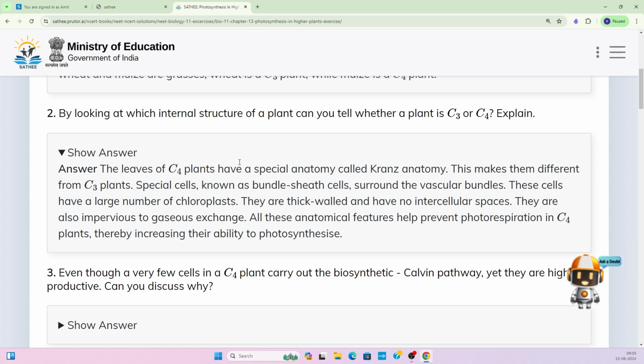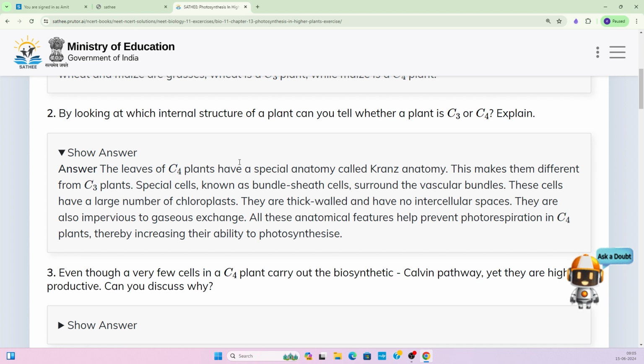The leaves of C4 plants have a special anatomy called Kranz anatomy. We all know that C4 plants have a very special type of anatomical structure, also called Kranz anatomy, and this makes them different from C3 plants, right?